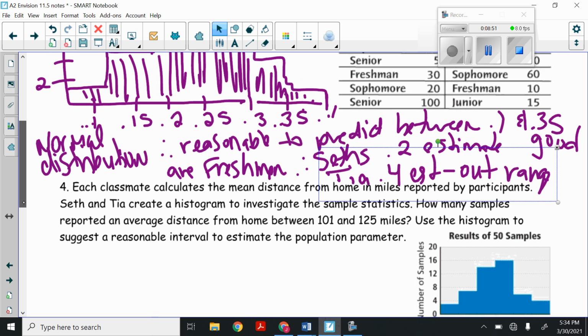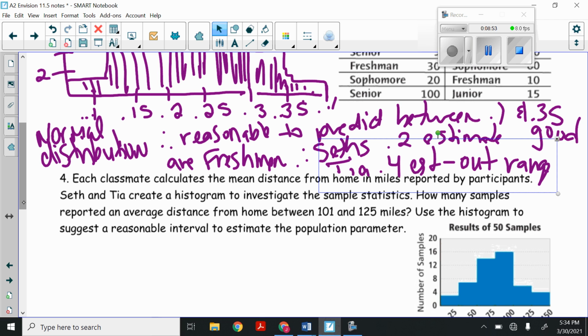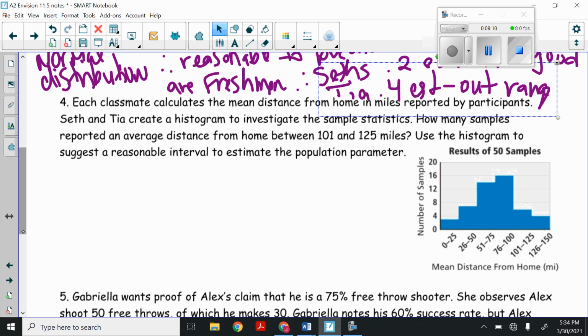So number 4 says, each classmate calculates the mean distance from home in miles reported by participants. Seth and Tia create a histogram to investigate the sample statistics. How many samples reported an average distance from home between 101 and 125 miles? Use the histogram to suggest a reasonable interval to estimate the population parameter. Okay, so again, out of 50 samples, this is the histogram they created. Again, we can see it's a normal histogram.